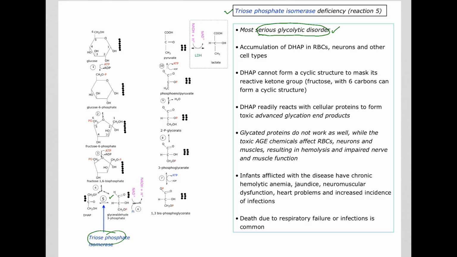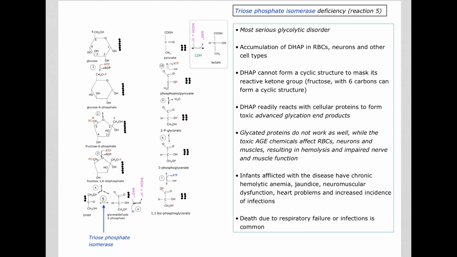Without this enzyme, or with small amounts of this enzyme, this reaction will not happen, and what we see is an accumulation of dihydroxyacetone phosphate in red blood cells, neurons, and in many other cell types.